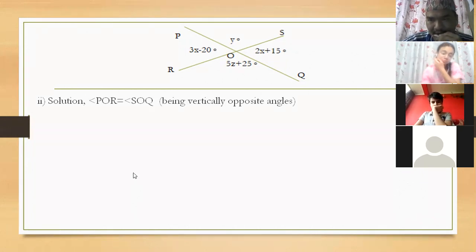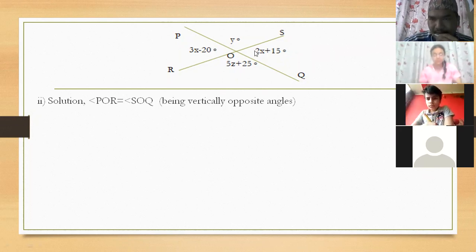First, what is shown there, Tejas? So angle POR equals angle SOQ being vertically opposite angles. Very good. Why is it taken, do you know? Because these both angles contain x. That's why we have taken that, okay?